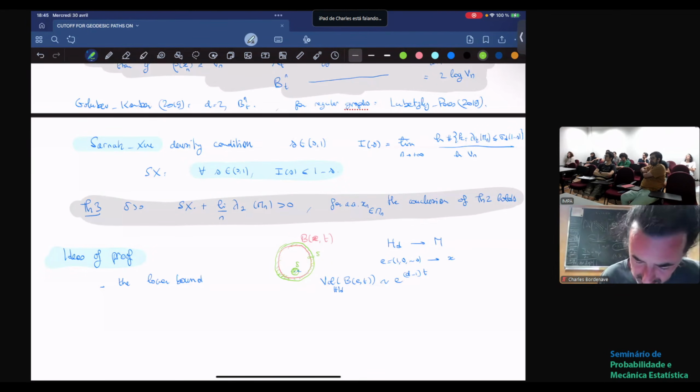Okay, so the volume of my annulus is of order delta times exponential (d minus 1)t.